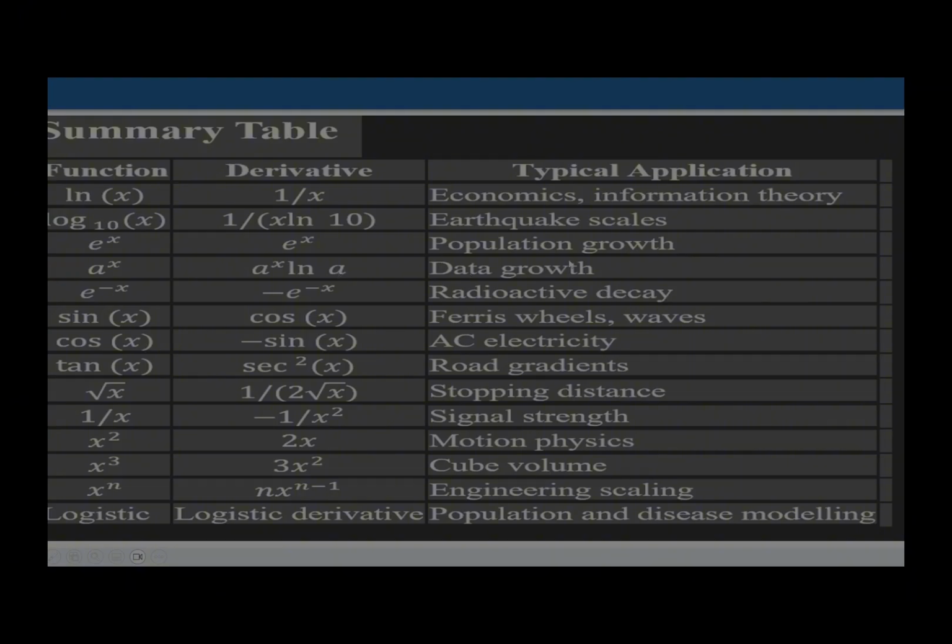Here a to the power minus x gives minus a to the power minus x, which is radioactive decay. Sin x has derivative cos x, for waves. Cos x has derivative minus sin x, for electricity. Tan has derivative sec squared.